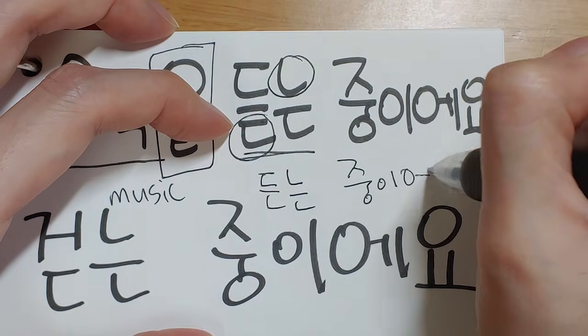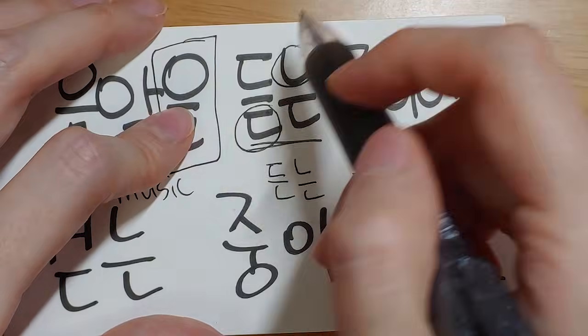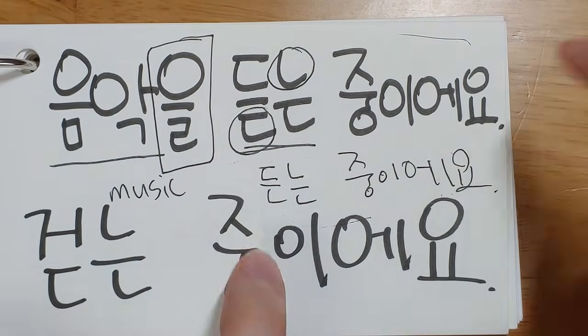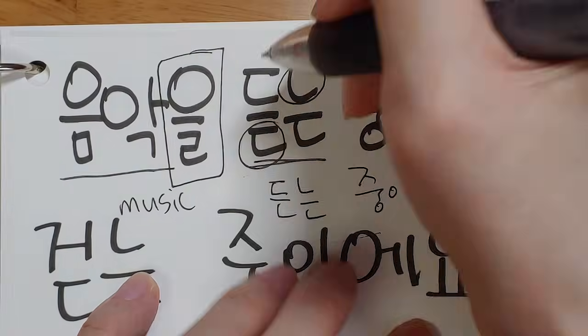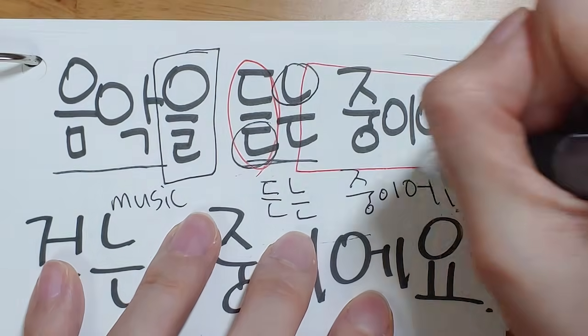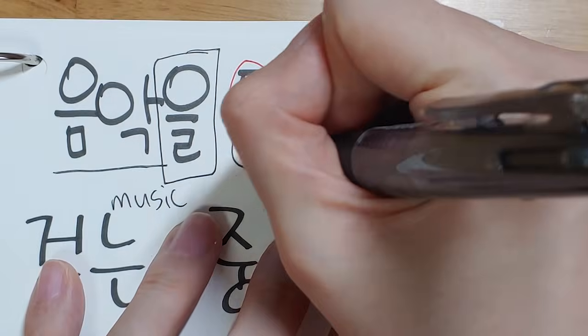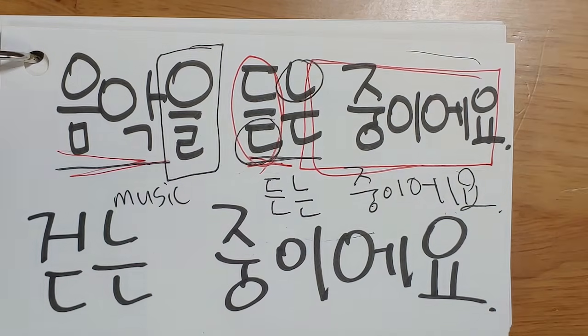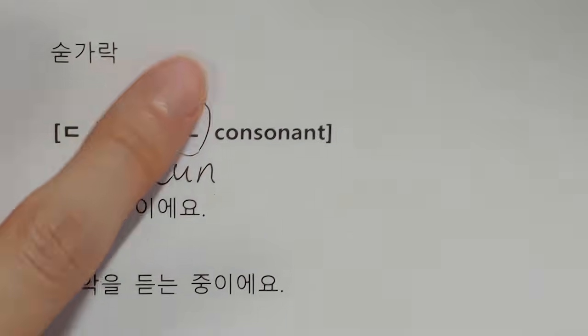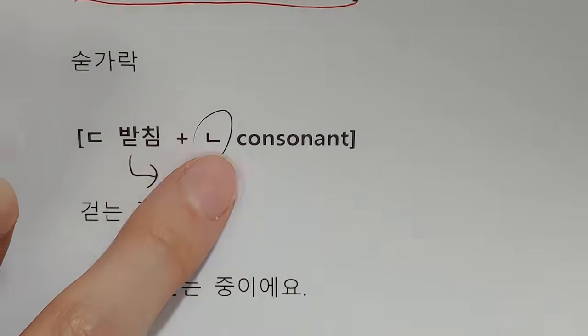So although spelled this way, it's pronounced this way, right? 듣다 means to listen. So it means I'm in the middle of listening to music. 음악을 듣는 중이에요.